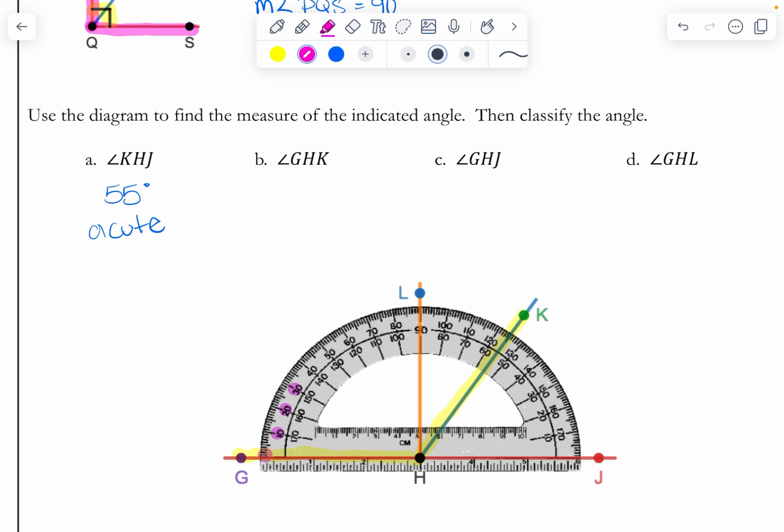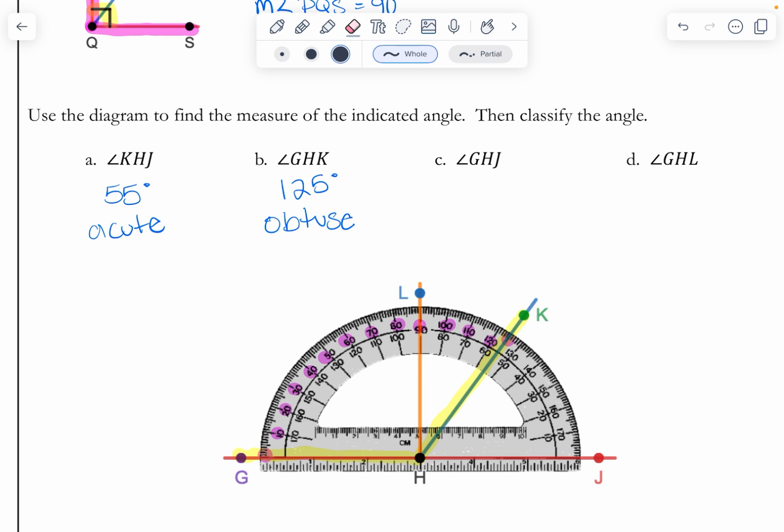So we're looking at the outer ring now because we're starting at G. So we're going all the way to K, 40, 50, 60, 70, 80, 90, 100, 110, 120, and we're right in the middle of 120 and 130. So we will say 125 degrees. And if it's 125 degrees, let's classify the type of angle. It would be obtuse because it is between 90 and 180 degrees.